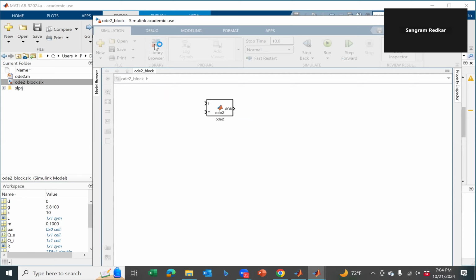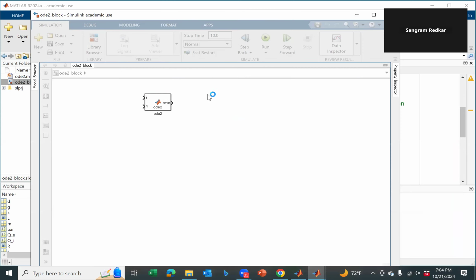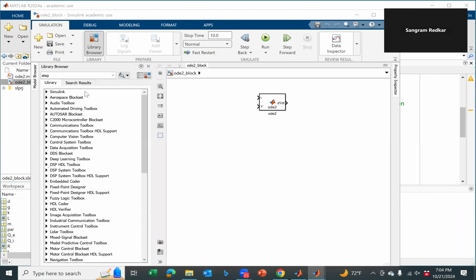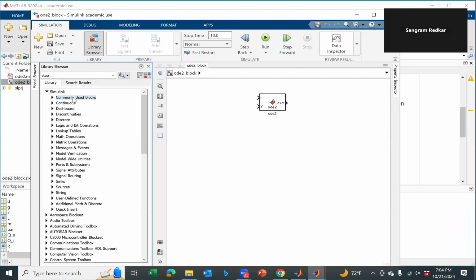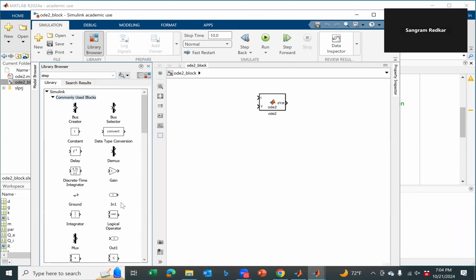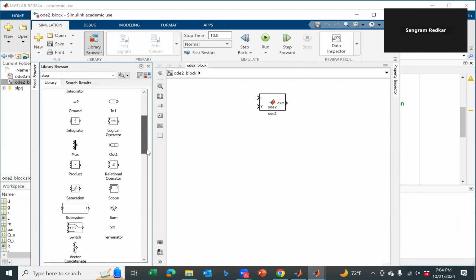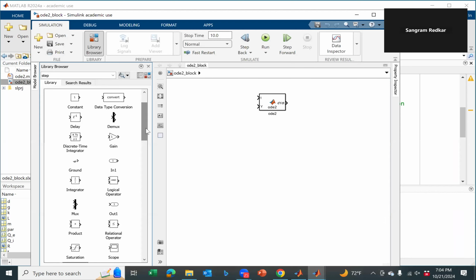You will find an integrator. You would add an integrator here. Under Simulink, commonly used blocks, you will go to the integrator. Here is the integrator.